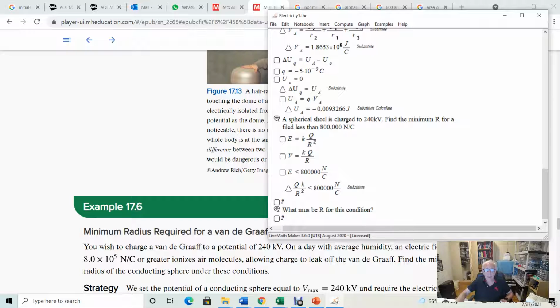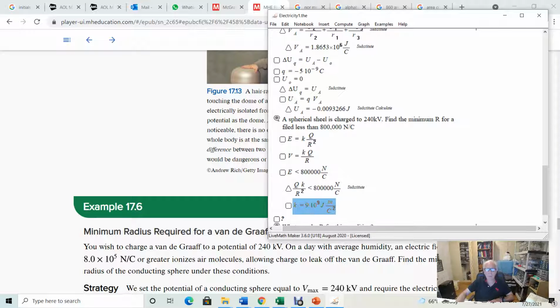I know what K is: 9 times 10 to the 9 joules meter per coulomb squared. We can substitute in there.